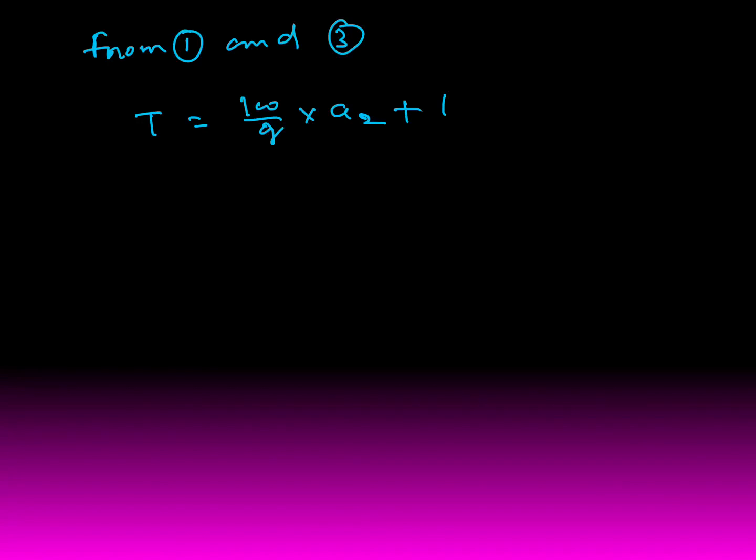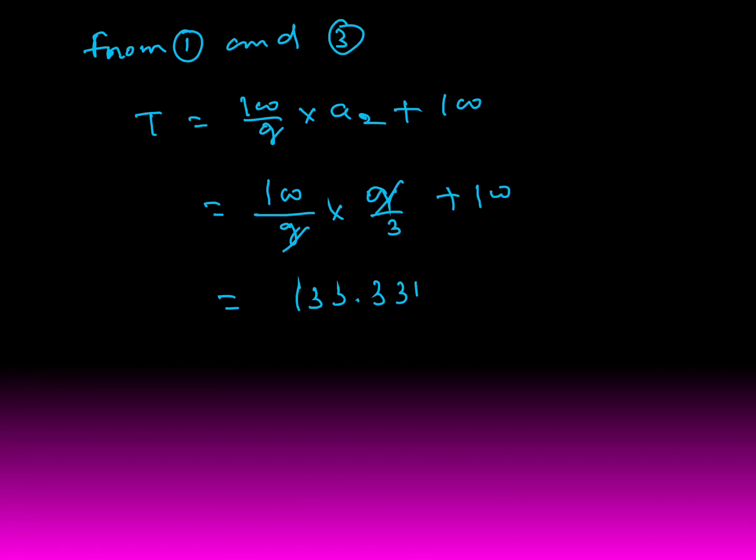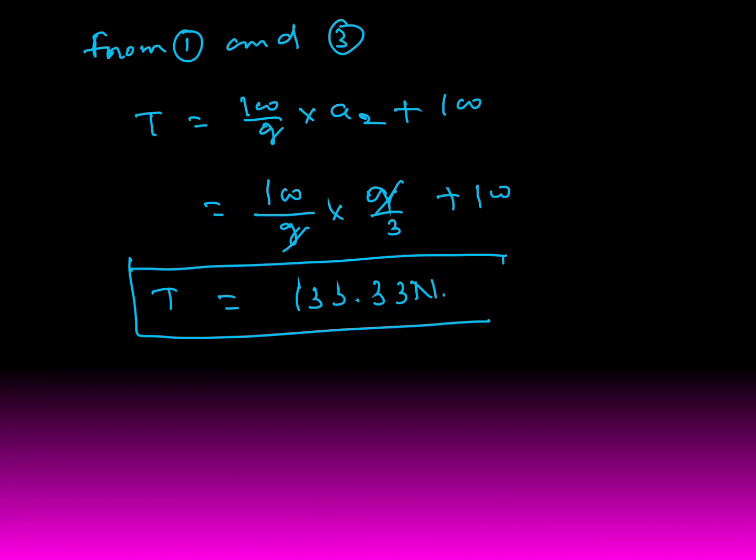A value from equation 3 is g by 3, so g by 3 plus 100. So g cancels, and you will get 133.33 Newton. This is the T value, this is your answer. T is the tension in the string, 133.33 Newton. In ISRO also they are asking this type of question.